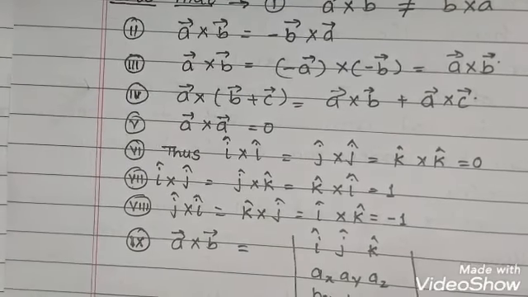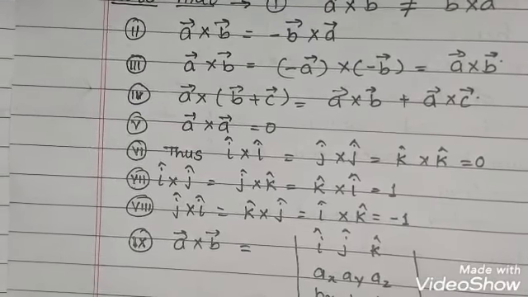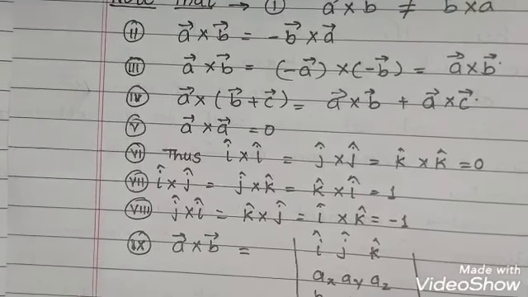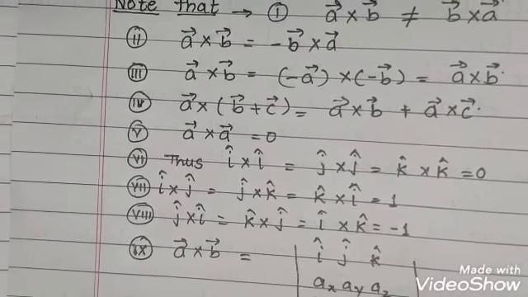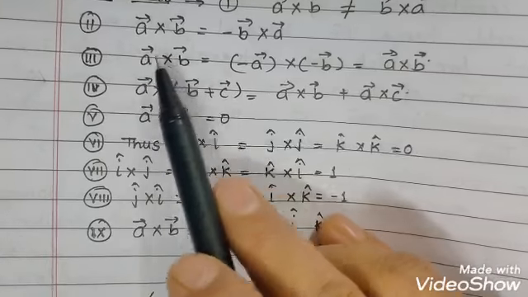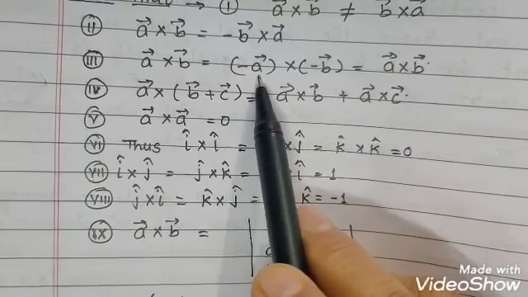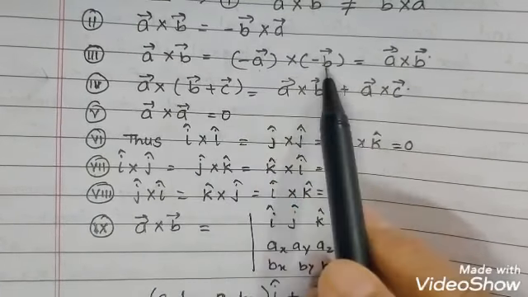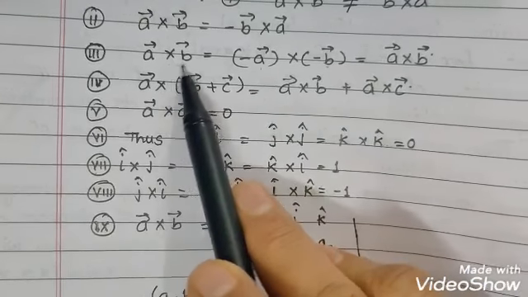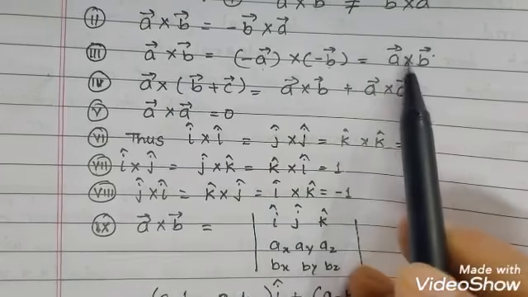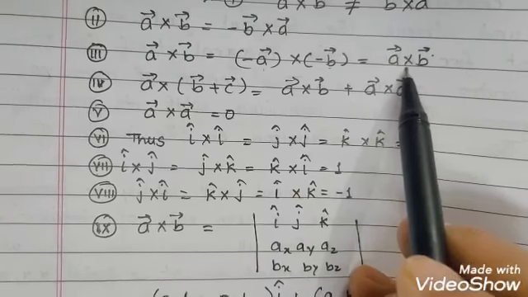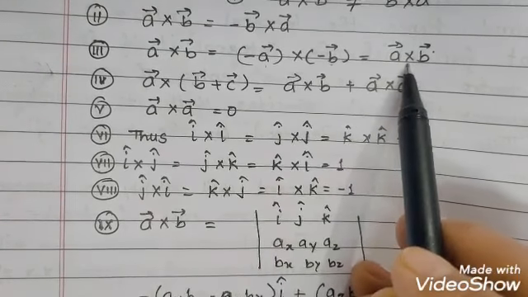In such a situation, all the components of the vector change sign. The reflection of A is minus A and the reflection of B is minus B. If you take the cross product of these reflections, you will get the same result, that is A cross B. Okay, this is the third point.